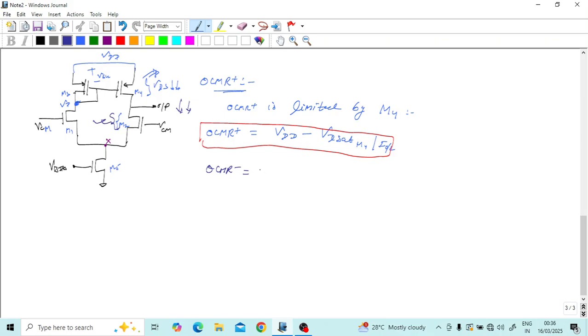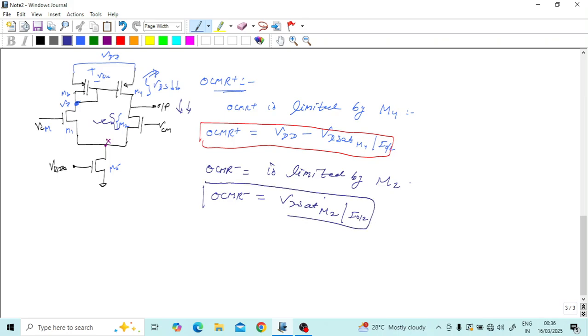Then we can see the OCMR minus is limited by transistor M2, and OCMR minus is nothing but the VD sat of this transistor M2 at current I naught by 2. So this is our minimum voltage that we can apply at the output.